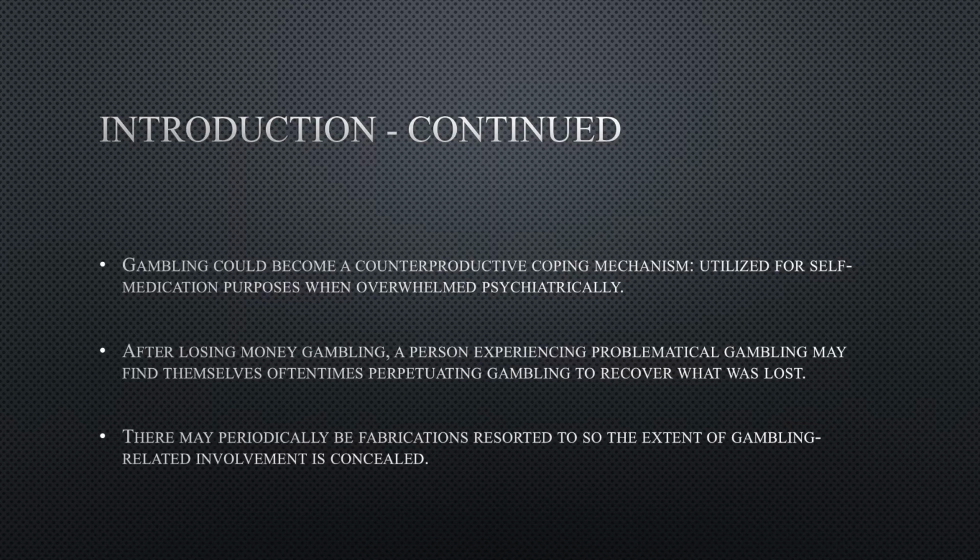A supervisor could express concern over a problematical gambler coming back from their lunch break extremely late on a consistent basis. And even though the person isn't in any trouble as far as their employment being terminated, the supervisor could say to their employee, hey, I've noticed that you come back from lunch roughly a half an hour later than expected.